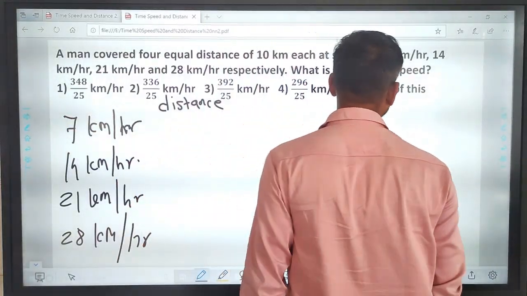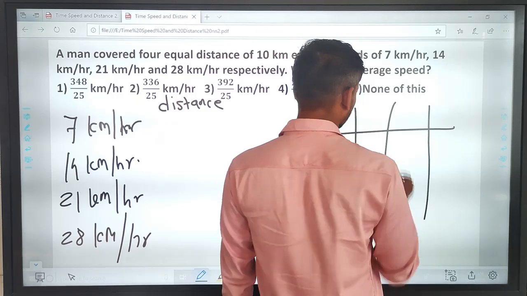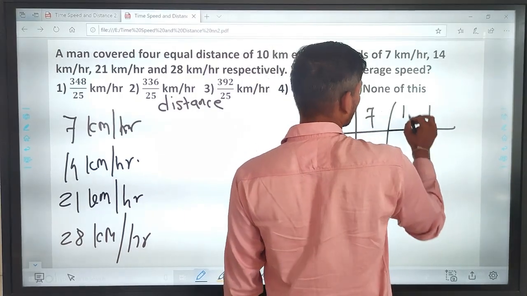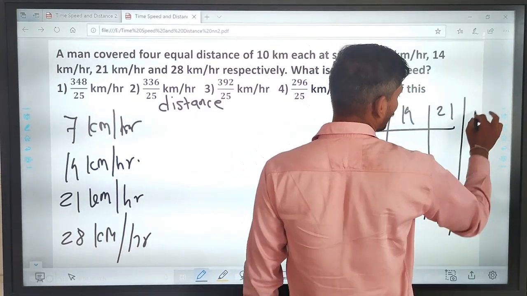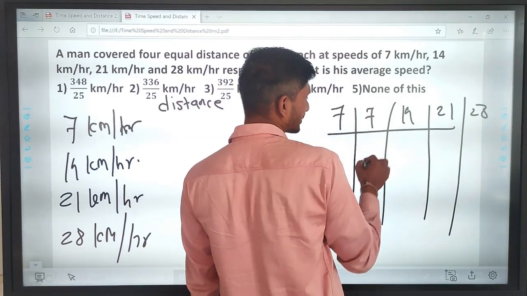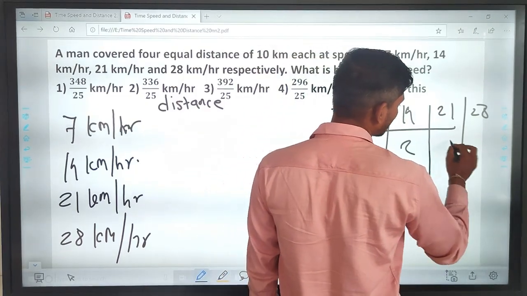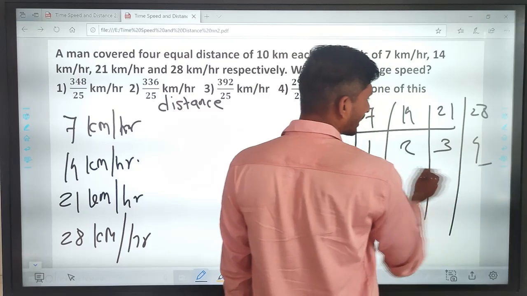Now we take the distance as the LCM of these speeds. We find the LCM of 7, 14, 21, 28. Then 7 1s are 7, 7 2s are 14, 7 3s are 21, 7 4s are 28.